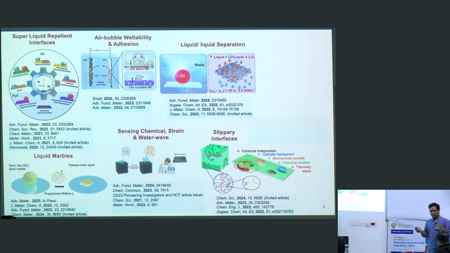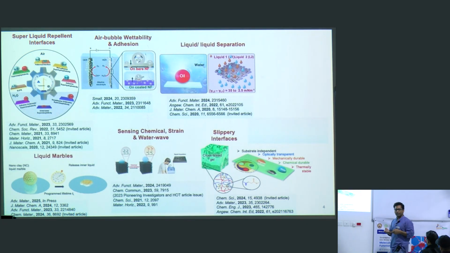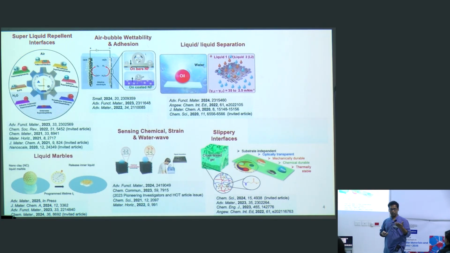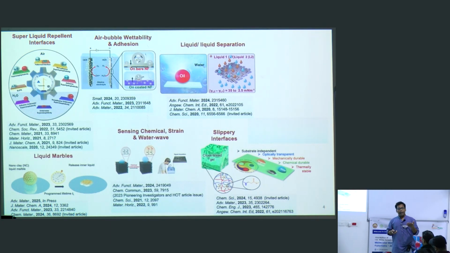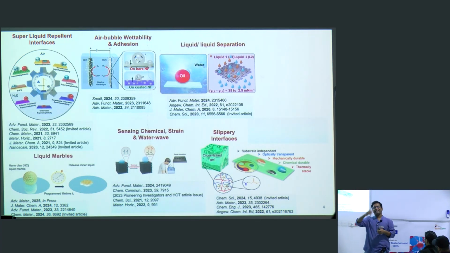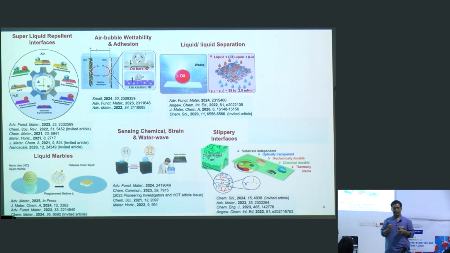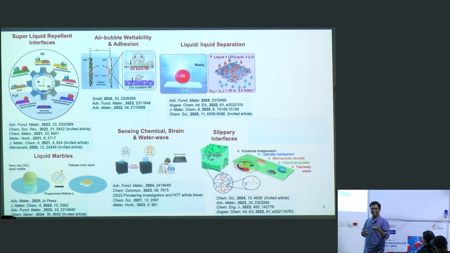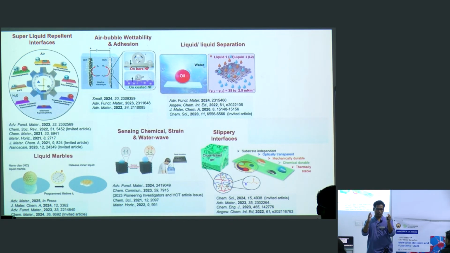It's almost two decades since Jonah Eisenberg introduced slippery interfaces, and people started realizing that these smooth interfaces can also do a lot of miracles. And at some point they could be better than heterogeneous liquid wettability. Why? In the case of heterogeneous liquid wettability, you have a hierarchy in topography.